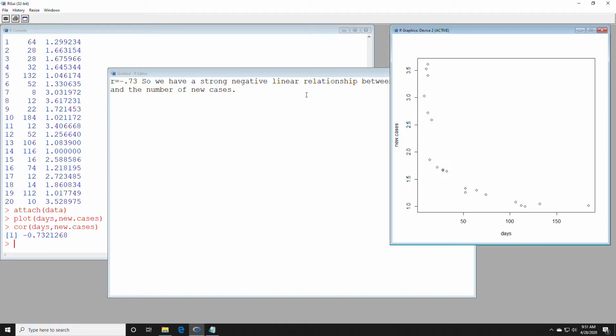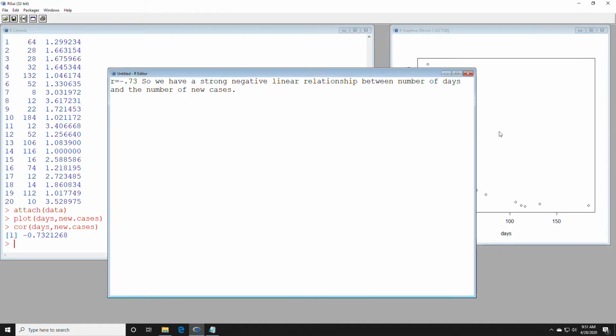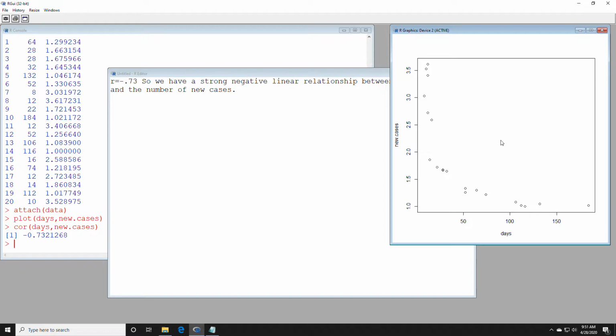It just says that if we were to look at this as a linear relationship, they still do have a fairly strong negative linear relationship, even though a quadratic relationship would be even stronger. Okay, so that's really all there is to correlation.